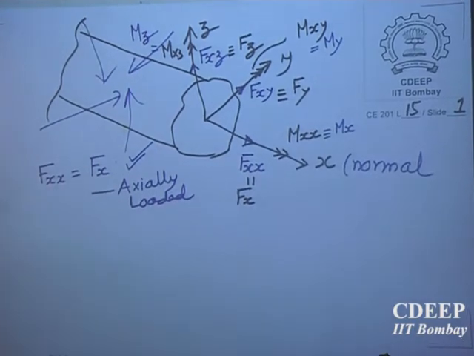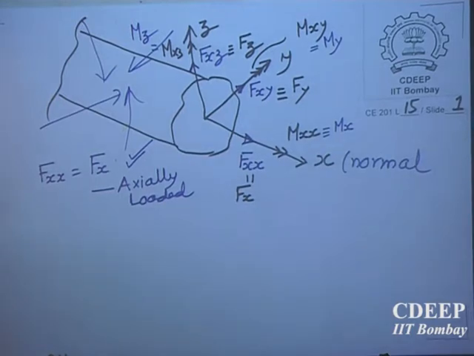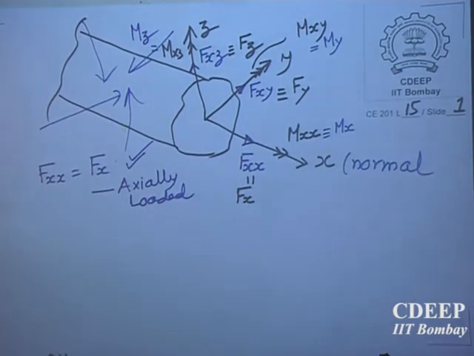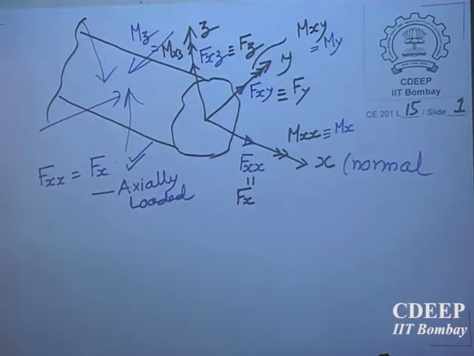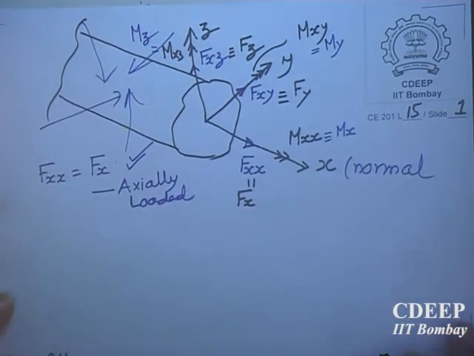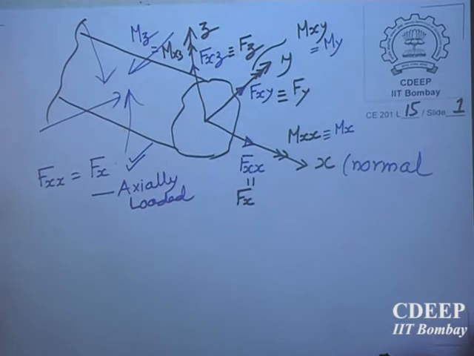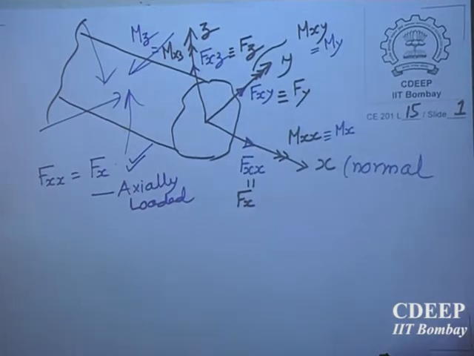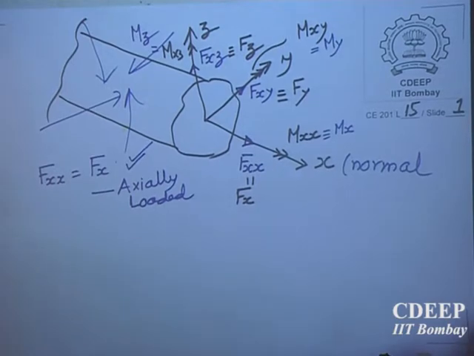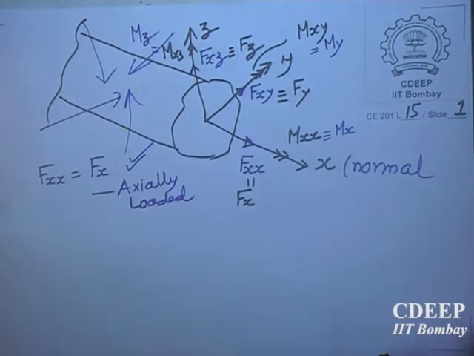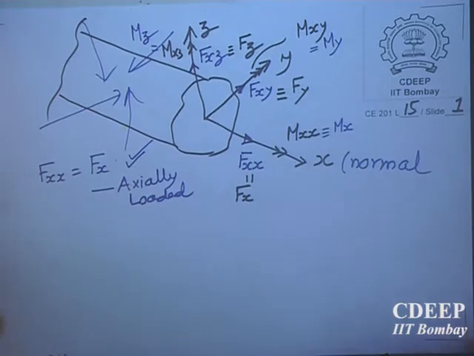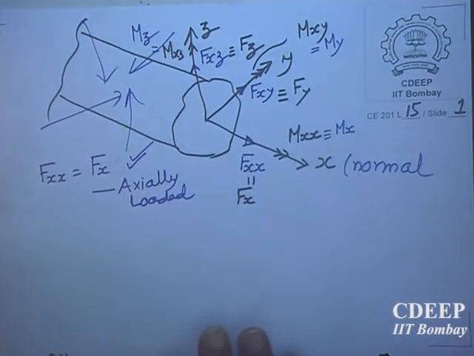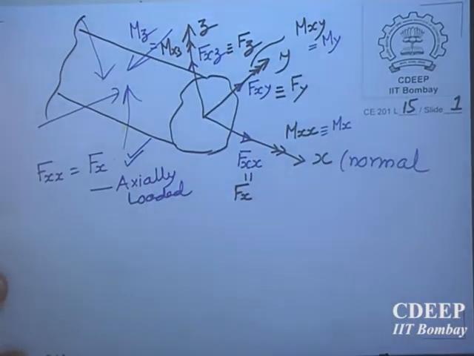There are 6 generalized forces, 3 normal forces and 3 moments about 3 axes. We also call them generalized forces; moments also are called generalized forces. So there are 6 generalized forces acting at any cross section along the length of the slender member, even if it is subjected to a very general load. There cannot be anything more general than this.